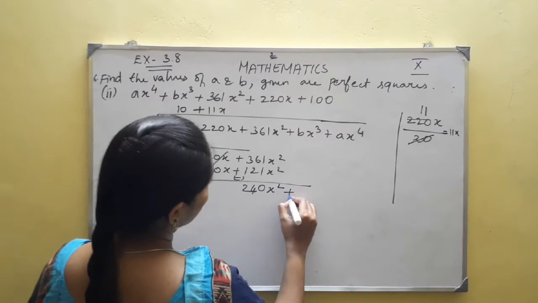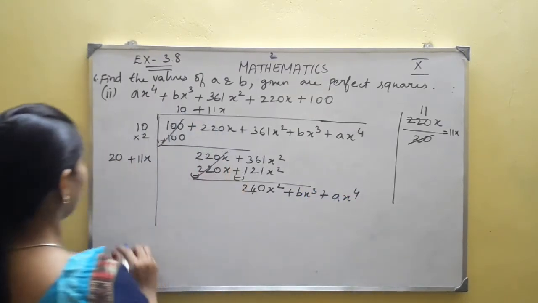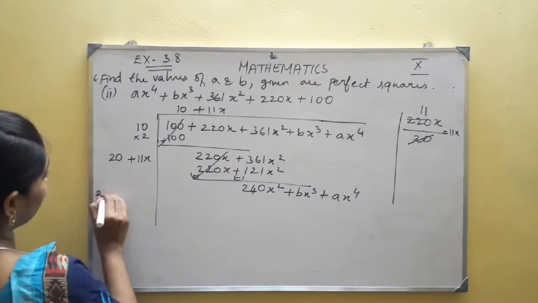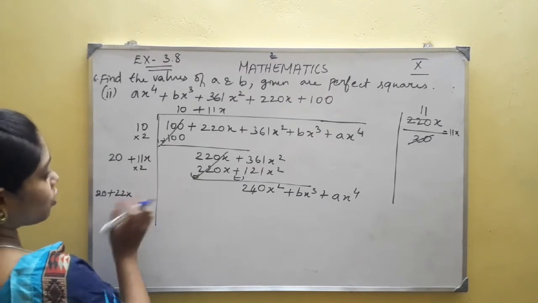Now bring two more terms to the next step. We want to find the value of a and b. Again we need three terms over here: 20 plus, multiply this by 2 and write 22x. What's supposed to come here?